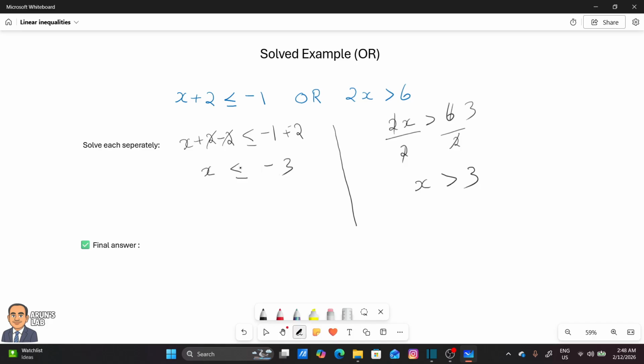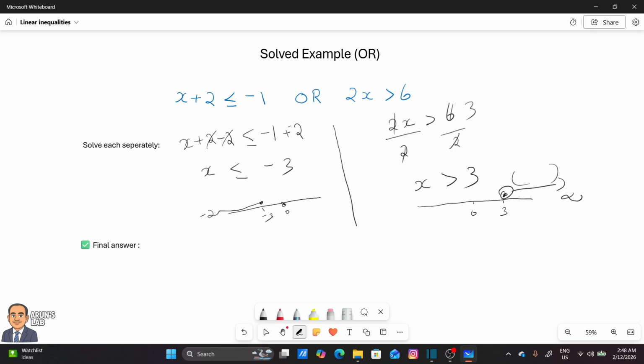So x is less than or equal to minus 3. On the number line, this is 0, then this is minus 3. X is less than or equal to minus 3, which means including minus 3, we go towards minus infinity. What about the other case? This is 0, this is 3, and x is greater than 3, which means 3 is not included, going towards infinity.